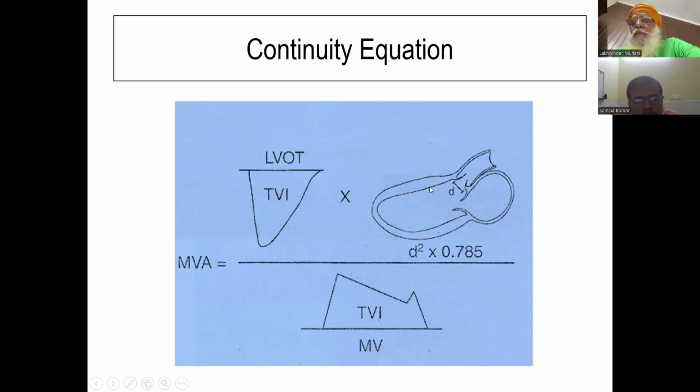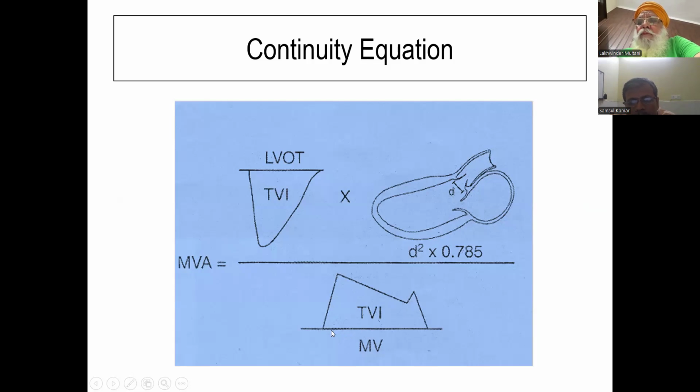So this is very clear that you will get a stroke volume across LVOT, correct? Is that correct? Are you comfortable with this one point? Yes, sir. LVOT diameter and LVOT VTI will give you stroke volume across LVOT.